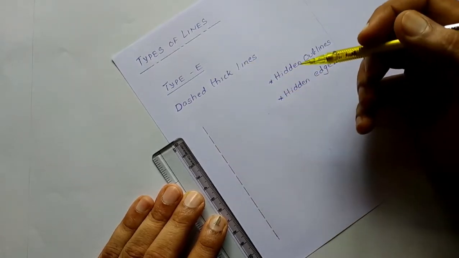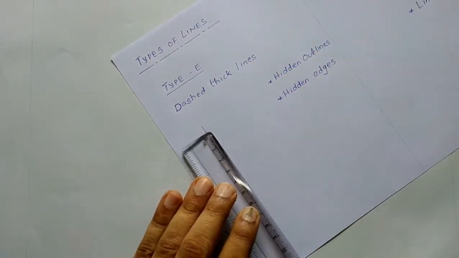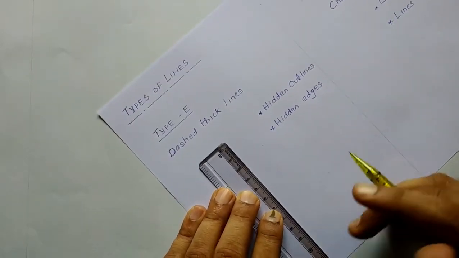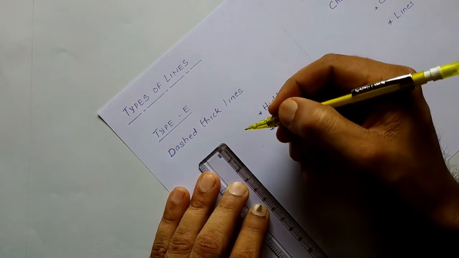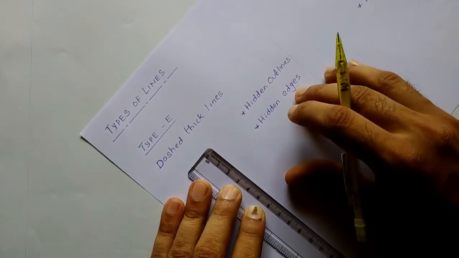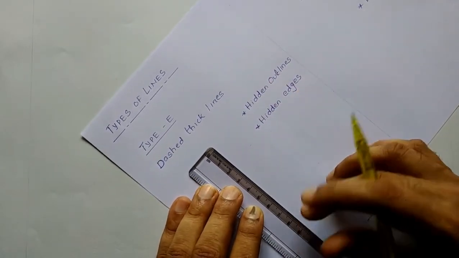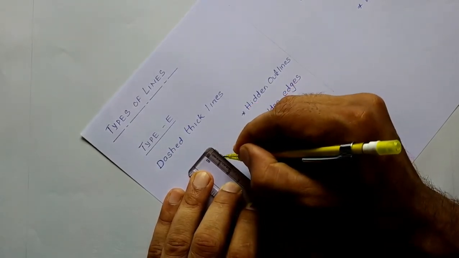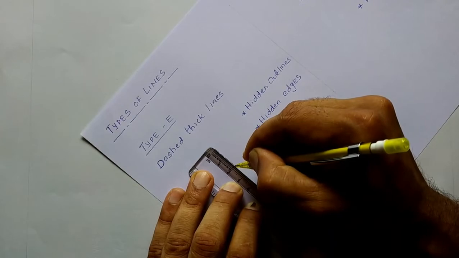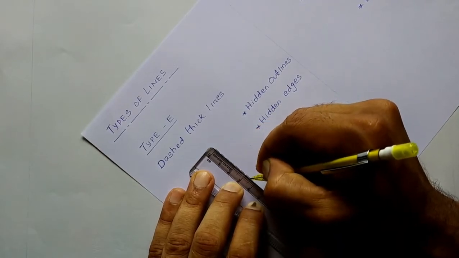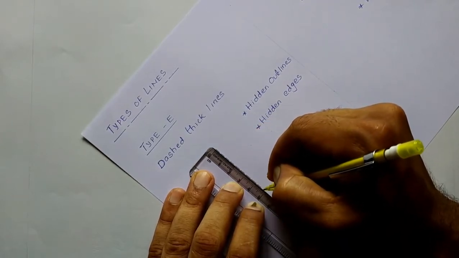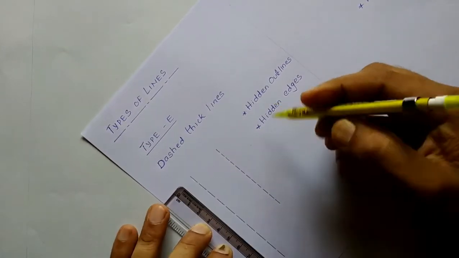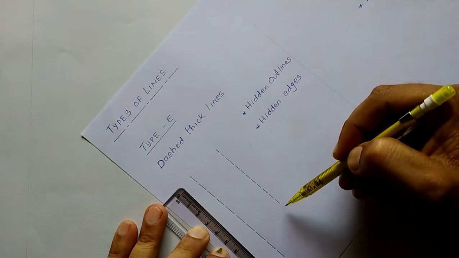I shall draw another dashed thick line. Please observe how it is done. So this is another dashed thick line.